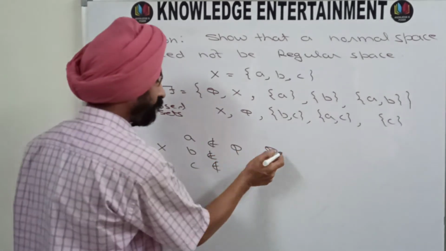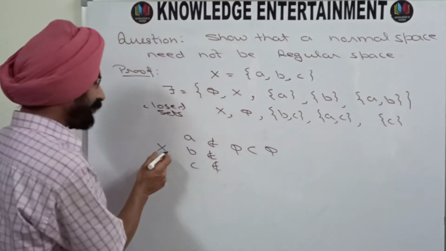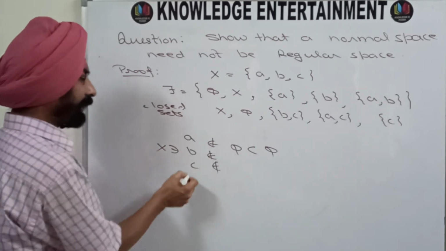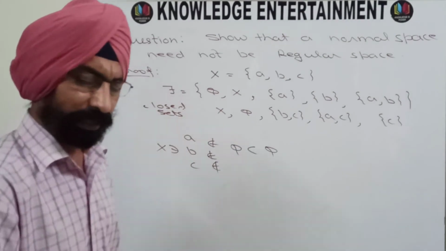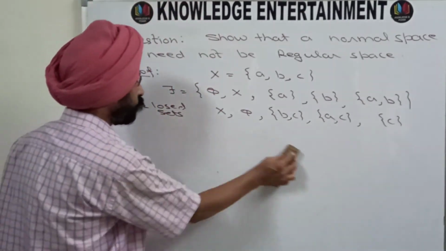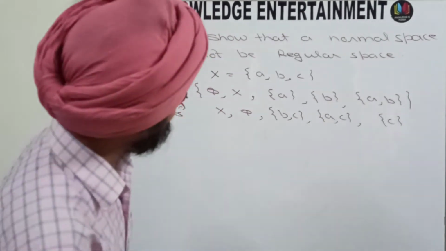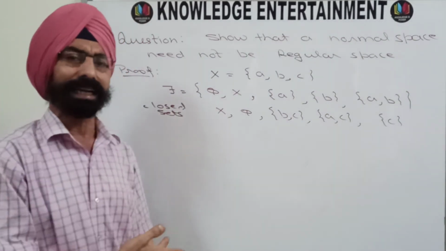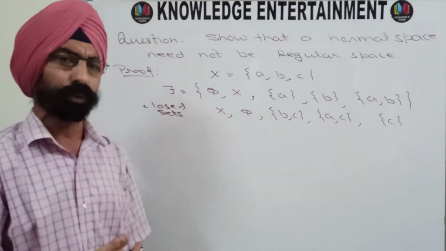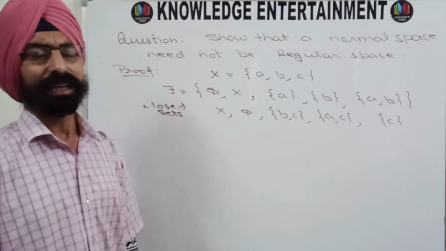Your phi contains this phi and this X contains every one of these. So this is the first case when your set is phi. You cannot take your set as X because you need an element which does not belong to the closed set, and that does not exist because X is the universal set and contains all the elements.